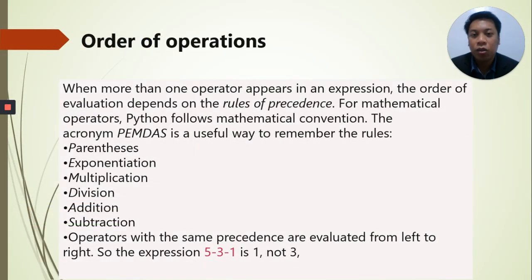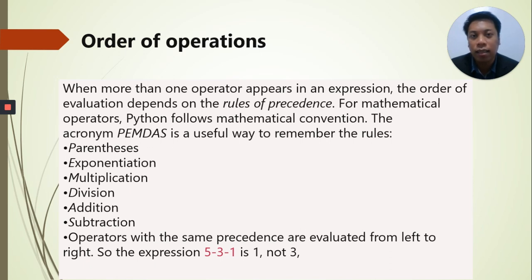Now, let's go to the order of operations. For us to remember the order of operation on how it is evaluated in Python, we just follow the basic rule, PEMDAS.